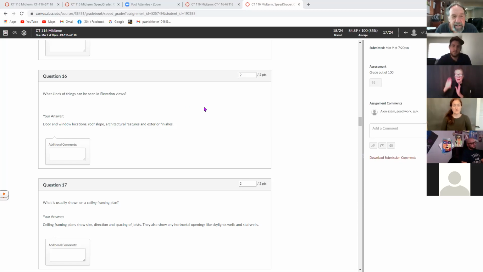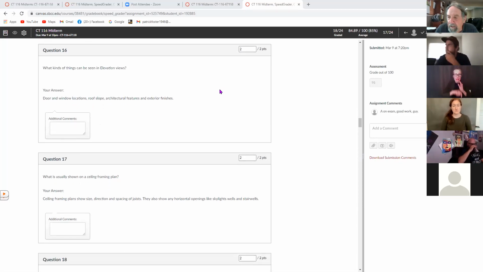What kinds of things can be seen in elevation views? You could have just gone to one of our elevation views. We have a bunch of them in the Canvas files, and seen that they show all these kinds of things: doors and window locations. They show the locations. They don't dimension them. That's not done on an elevation, but they do show where they are. They show the roof slope. That's actually the preeminent drawing for showing a roof slope. I've seen it on section drawings because the roof's the same angle.